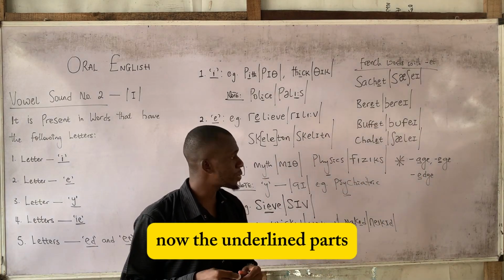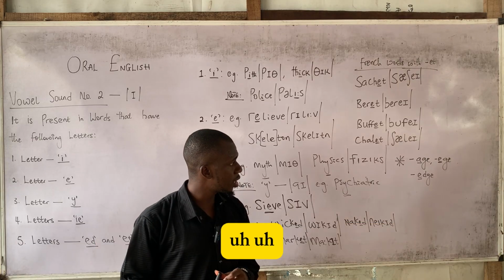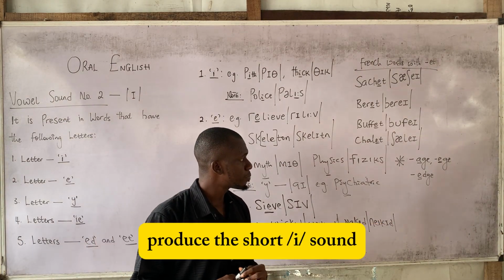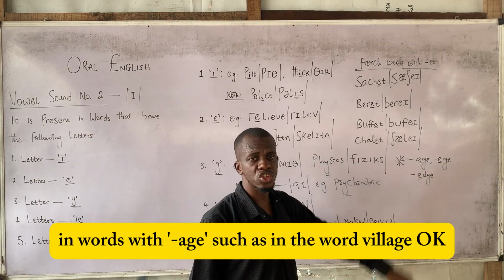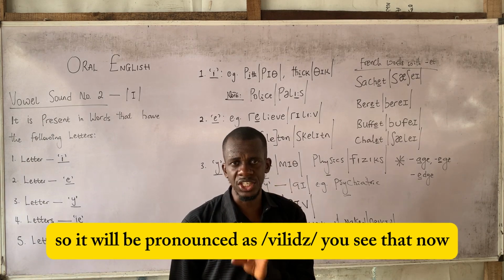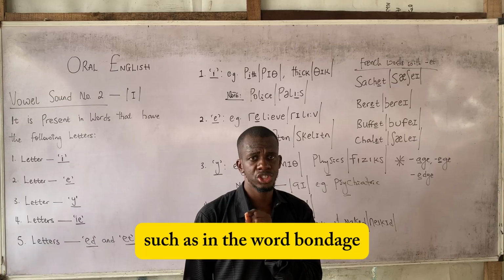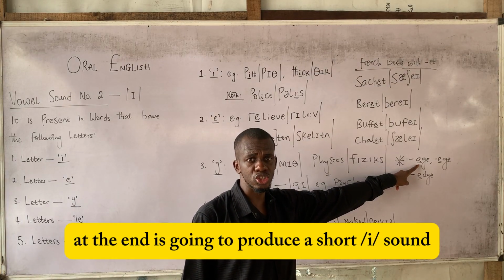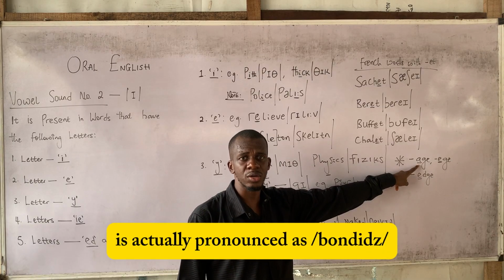Now, the underlined letter in these, let's call them suffixes, produces the short e sound. In words with age, such as in the word village, you see that now? Such as in the word bondage, the letter A at the end is going to produce a short e sound.